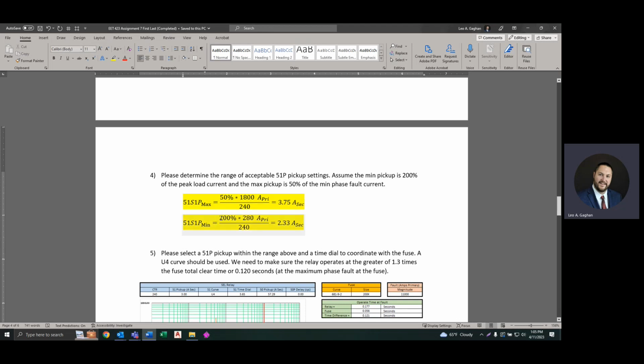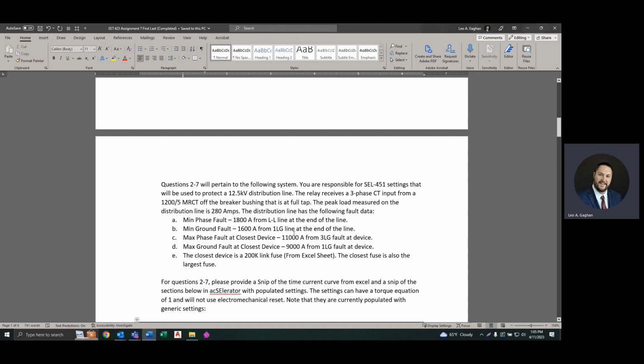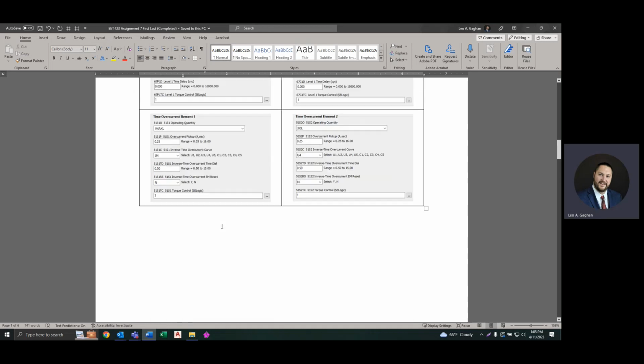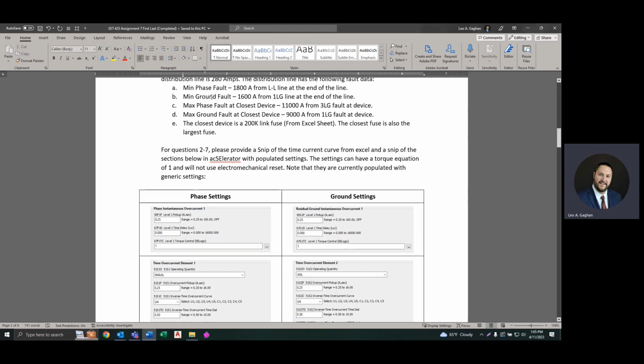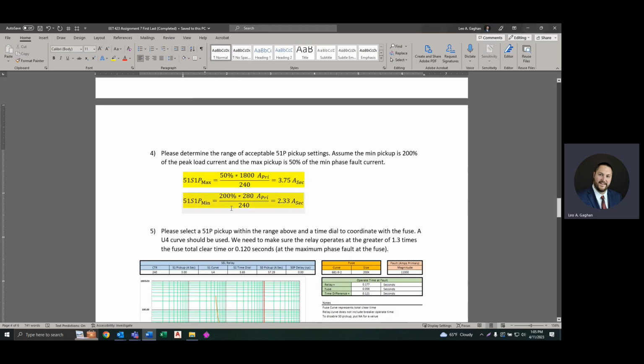The minimum was 200% of the peak load, which, again, we got up here. We got a peak load of 280 amps, and then our minimum phase fault was 1800 amps. So those drove these calculations. Again, the settings are in amps secondary, so you divide by the CTR.